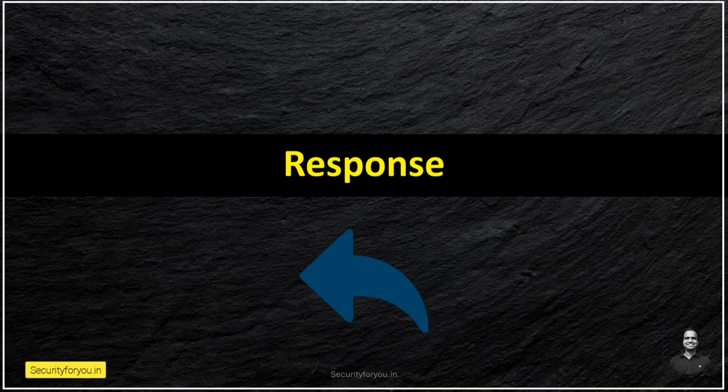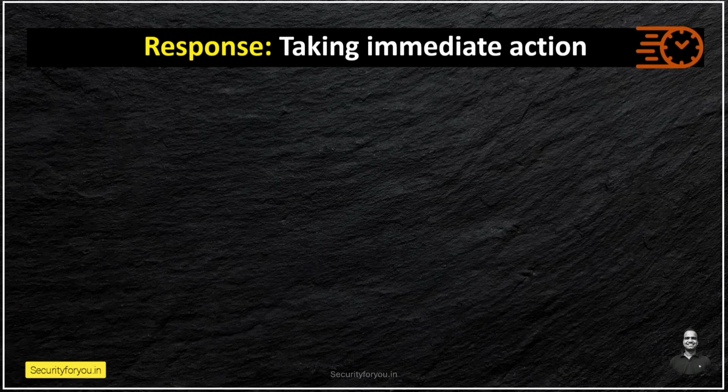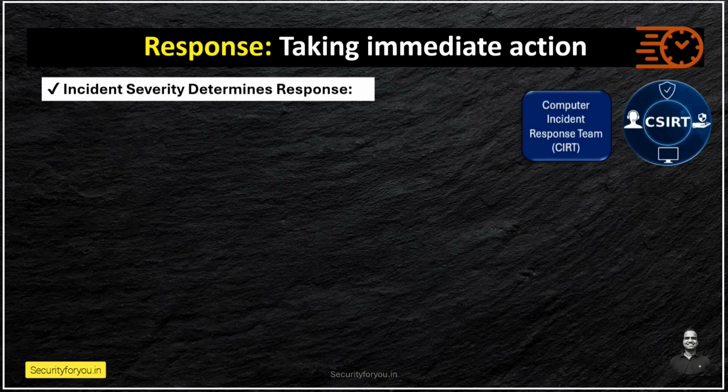In many cases, the person doing the initial investigation will escalate the incident to bring in other professionals to respond. The response differs depending on the severity of the incident. Many organizations have a designated incident response team, sometimes also called a computer incident response team or computer security incident response team.